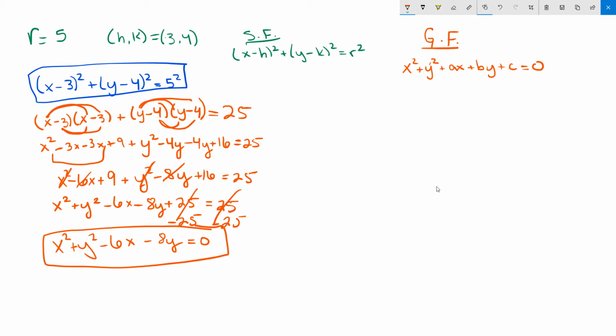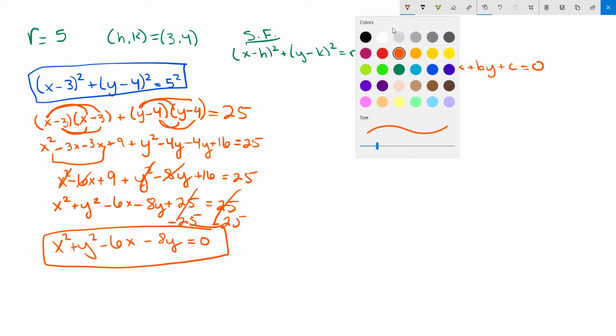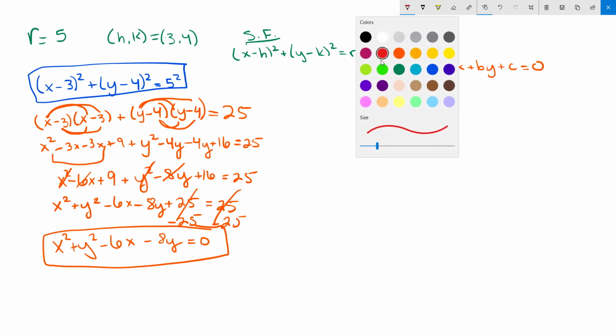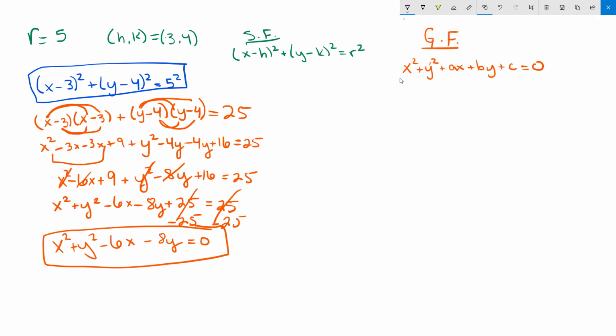Okay, the last thing that problem wants you to do is it does want you to graph it, right? So we'll go ahead and just graph it real quick. So I tell my students it's pretty easy to graph. I'm not too picky about how you graph it, but as long as you know kind of the basic idea, okay? So you're going to use your center point to just find where your circle is.